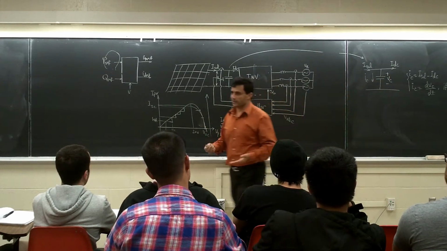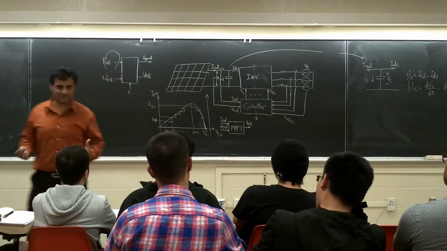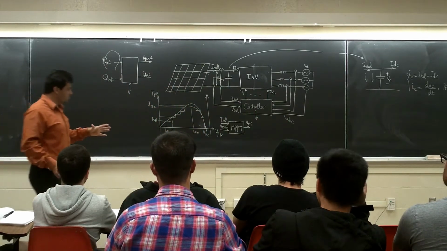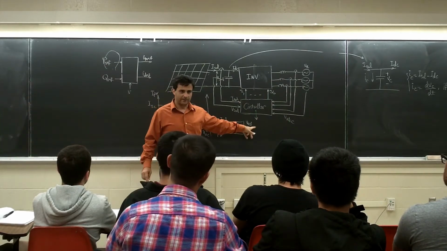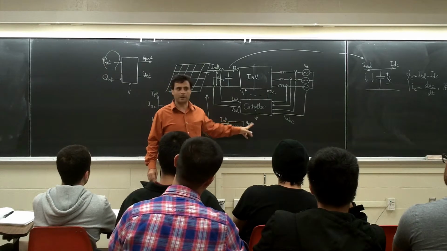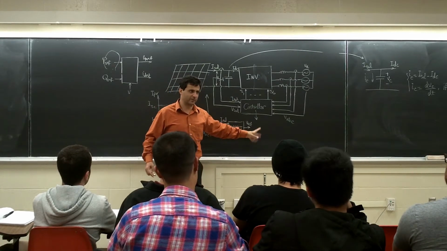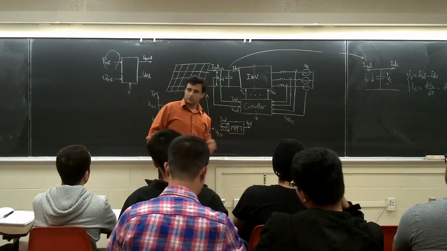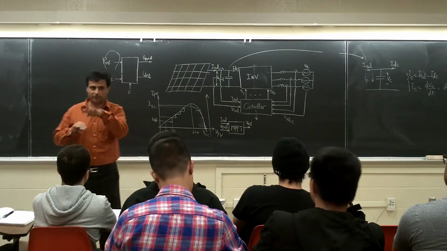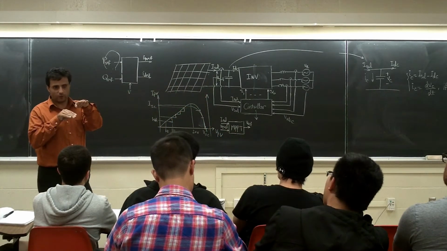So my point is, when you look at this system, to get to the VREF, we are receiving it from the MPPT algorithm. VREF is coming from this algorithm. To get to that VREF, if we are less than that VREF, what should we do?